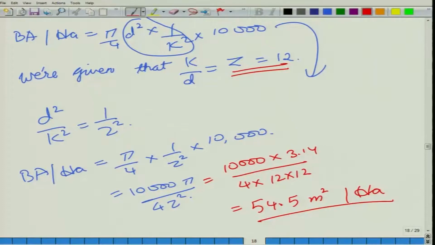So essentially what this tells us is that just by using a single value of the crown to bole diameter ratio, which we call z, that is k by d, we can calculate the maximum feasible basal area per hectare, considering any kind of spacing.